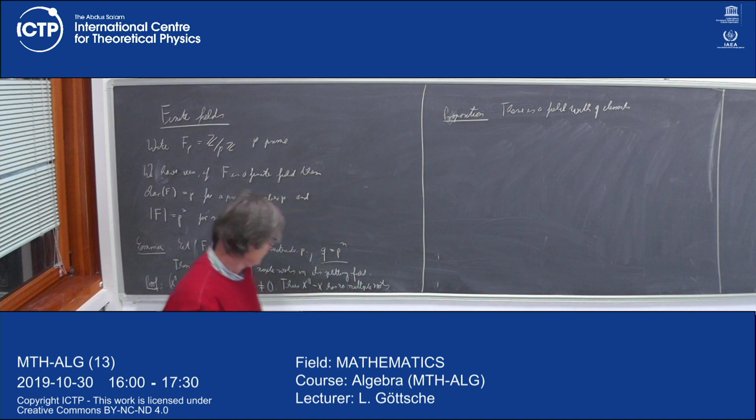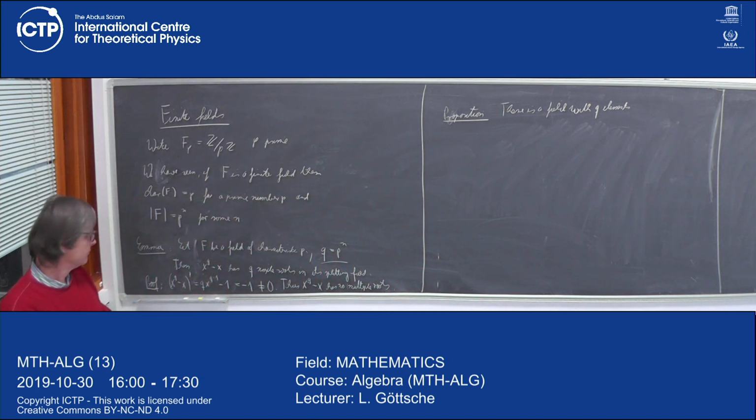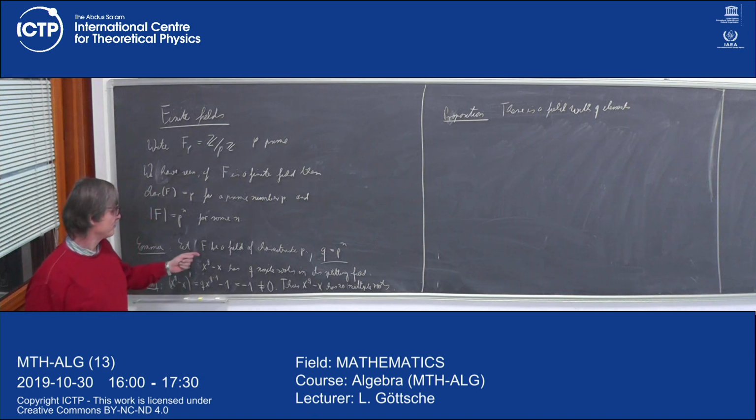That lemma is also true if we say q a multiple of p. Q is a power of p, yeah. No, but let's suppose that q is a multiple of p. Is it true? Well, this statement would be true if there was a field with so many elements.